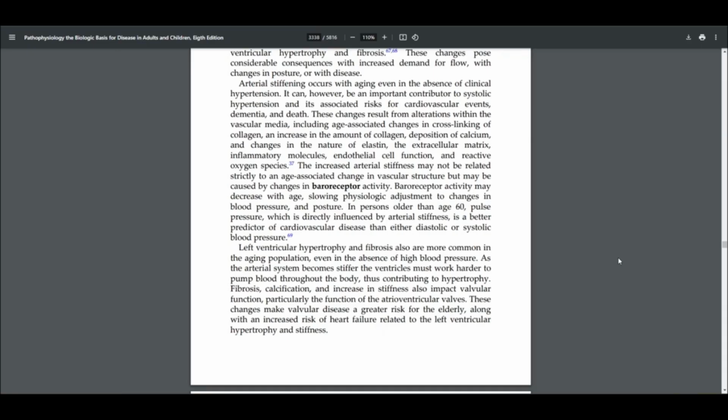The increased arterial stiffening may not be related strictly to an age-associated change in vascular structure, but may be caused by changes in baroreceptor activity. Baroreceptor activity may decrease with age, slowing physiologic adjustments to changes in blood pressure and posture. In persons older than the age of 60, pulse pressure, which is directly influenced by arterial stiffness, is a better predictor of cardiovascular disease than either diastolic or systolic blood pressure.